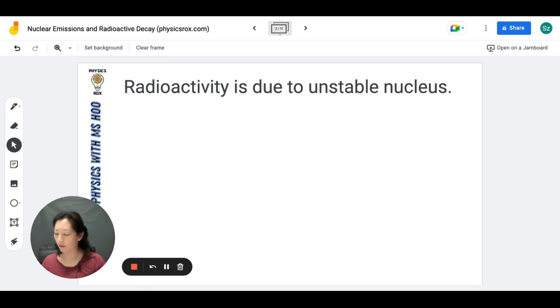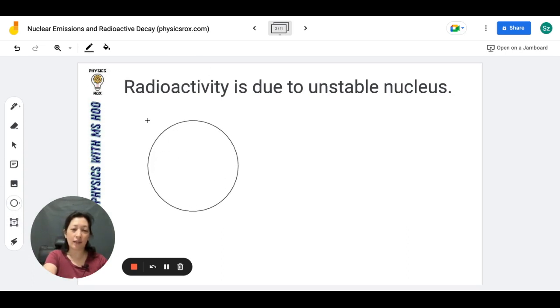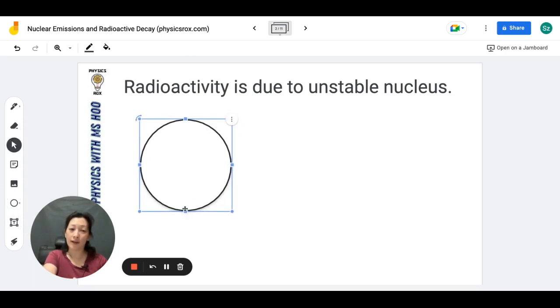Just a quick recall. I'm going to be using my iPad to draw here, so there may be a slight delay in what appears on screen and what I am saying. So let's say, for example, let me use the circle option here. Let's say this is the nucleus. Remember, for radioactivity, we're focusing on the nucleus. We're not looking at the electrons in the shells and all that.